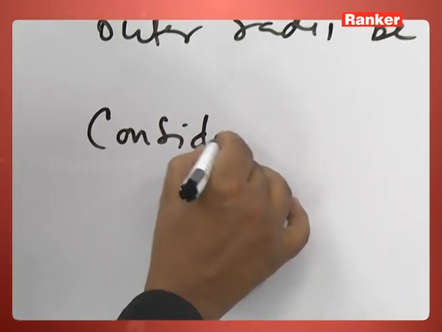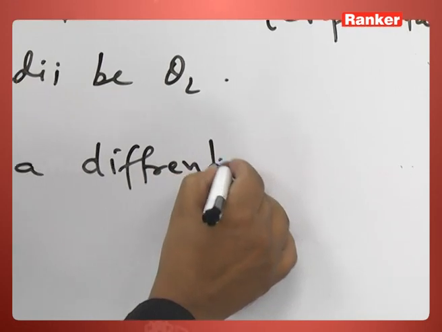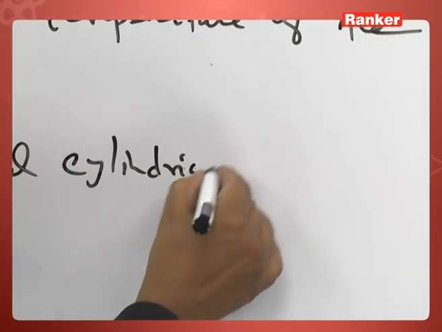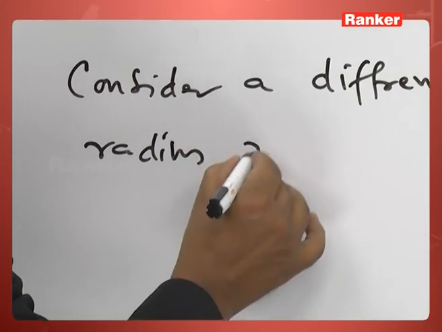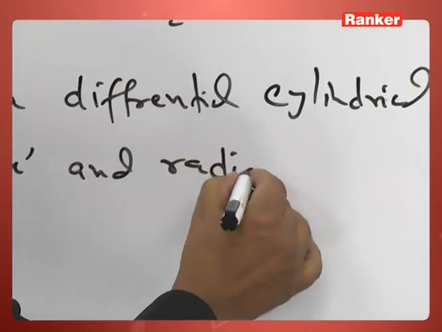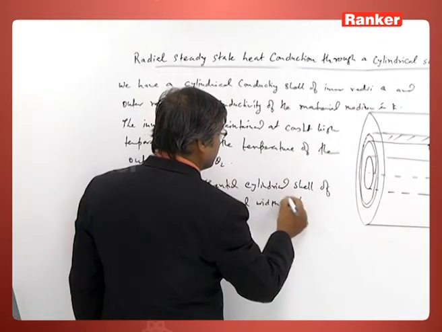Consider a differential cylindrical shell of radius x and radial width dx.